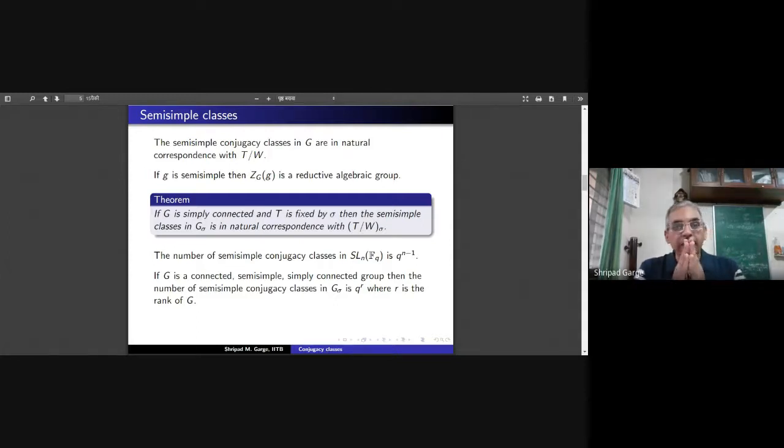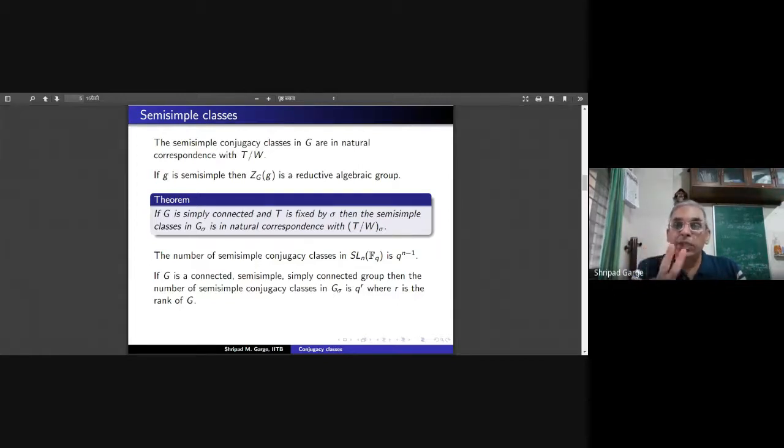We are looking at a semi-simple connected algebraic group and assume that it is simply connected. And you take a torus in this group above, which is fixed by sigma as a set. Okay. Then the above statement already tells you that the semi-simple conjugacy classes in G are in correspondence with T by W. This is valid for any maximal torus. In particular, this is valid for our torus which is fixed by sigma. Then the semi-simple classes in G^sigma.